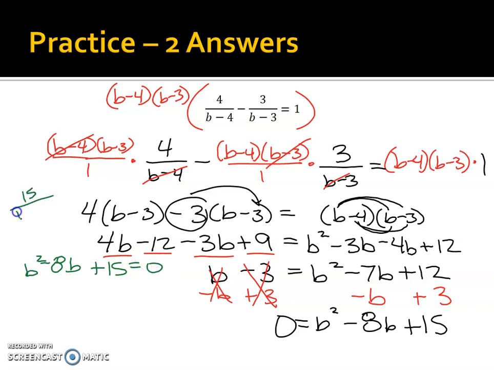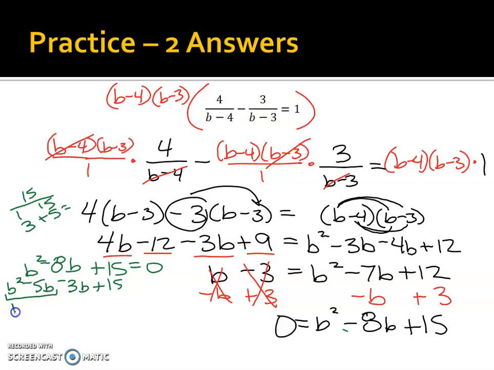What are my factors of 15? And I need those factors of 15 to add to give me that 8. Well, 3 plus 5 would give me 8. So that's a b squared, and that gives me a 5b and a 3b plus 15. Okay, it's kind of hard to see there, but you can tell it's a negative 8. So I need both of those to be negative there.